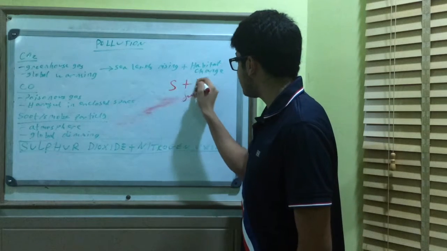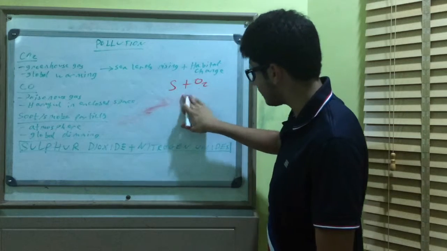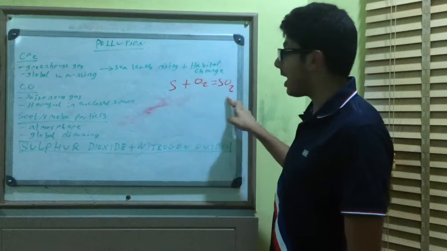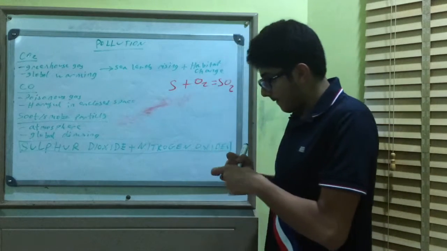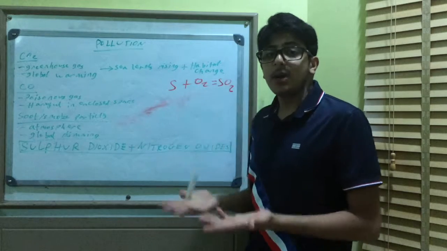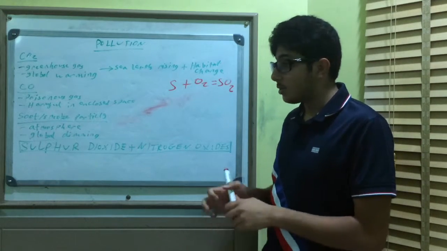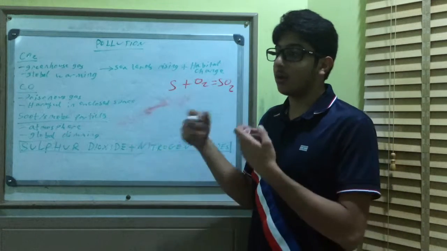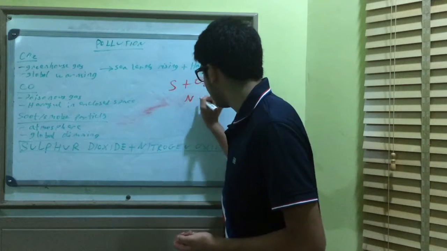When you burn the fuel, it reacts with oxygen from the air to give you sulfur dioxide. Nitrogen oxides, say, in a car engine. A car engine gets really hot, so hot that nitrogen from the air reacts with oxygen to give you nitrogen oxides.